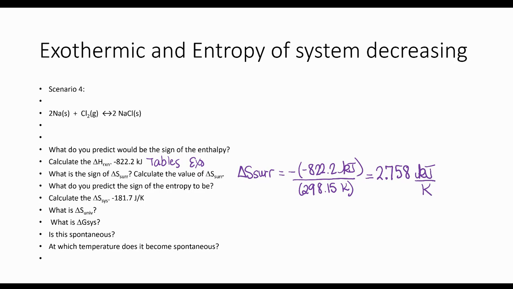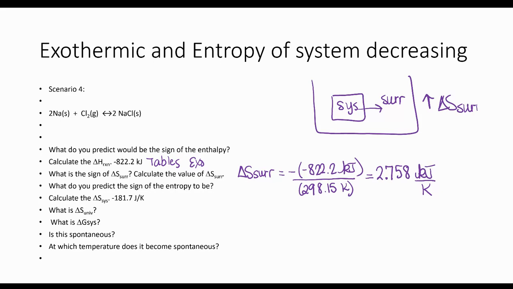Okay, and it's plus, as we expected, heat flowed from the system into the surroundings, increasing delta S of the surroundings.